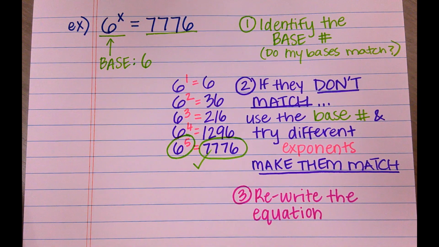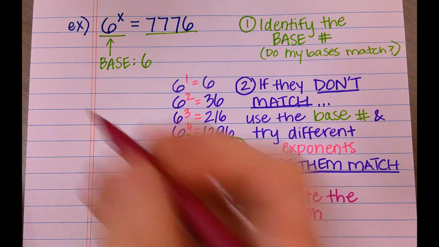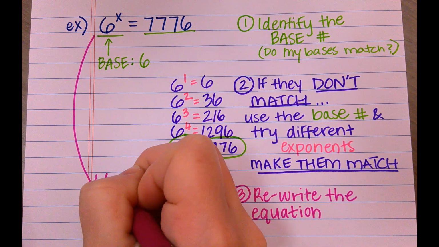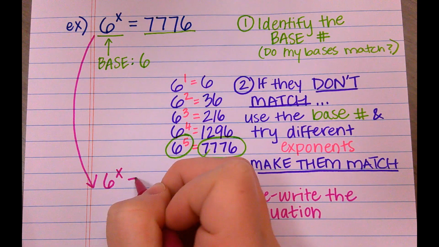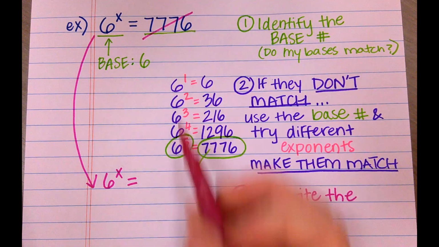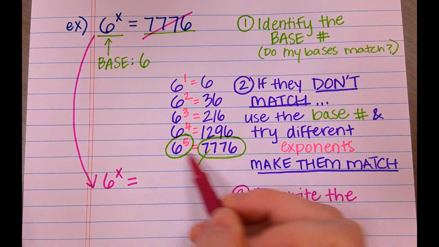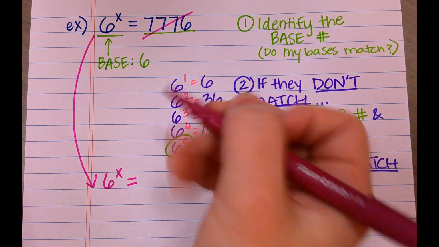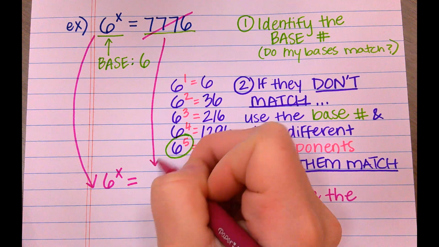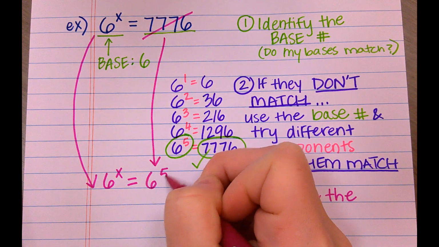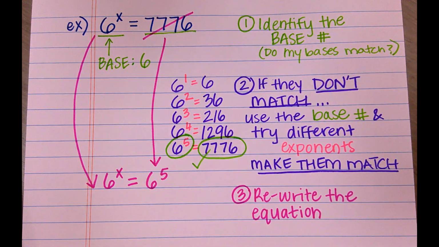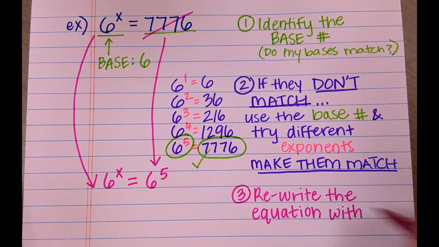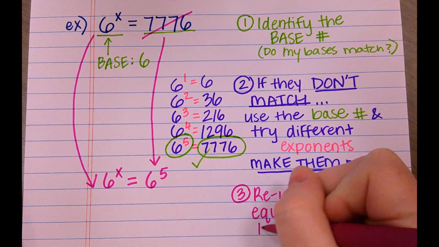So what will I bring down? 6 to the x power equals 6 to the fifth power. Yes, we're replacing 7776 with 6 to the fifth power because we know those are the same. We just figured that out. So rewrite the equation with the matching bases.